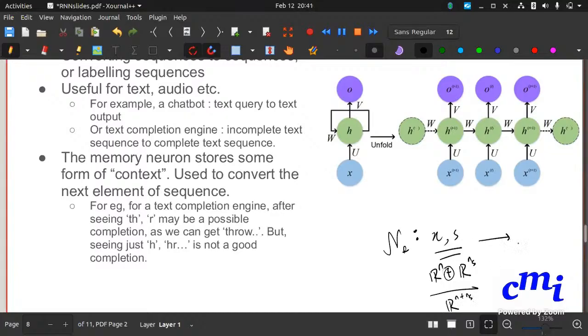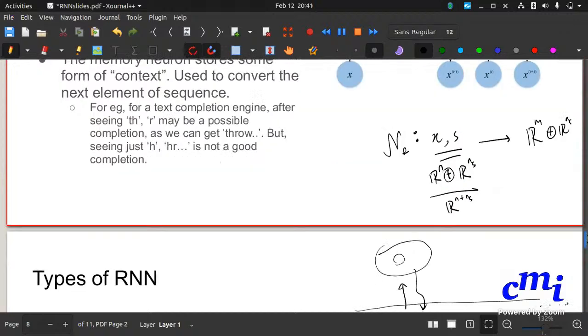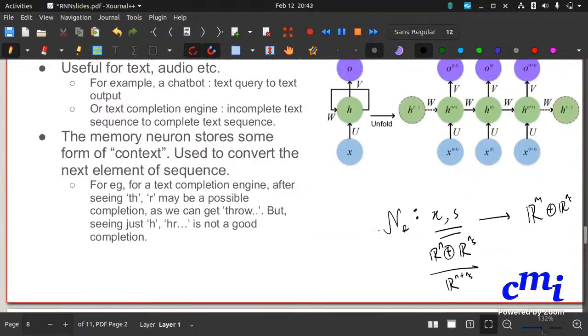It takes in some huge vector, and outputs something in Rm plus Rns again. So what the universal approximation theorem tells us is that if I have any f that takes in x and s and gives me back a y and an s, I can always approximate it up to any degree of approximation.